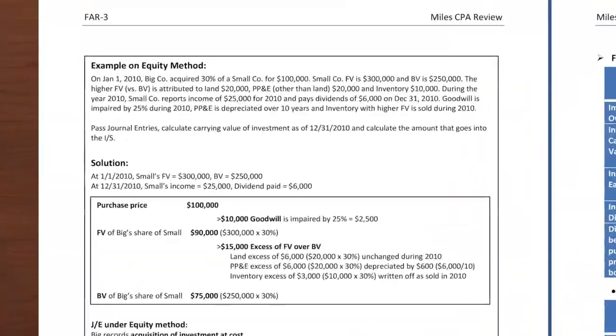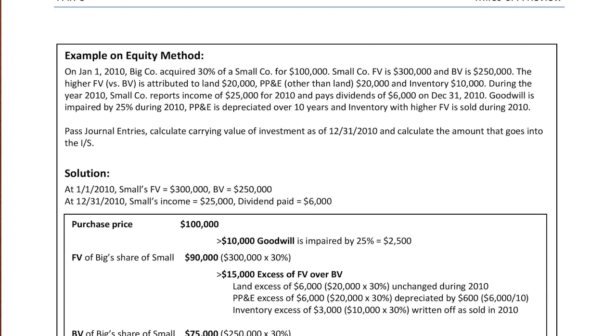On page 6, we have our example on the equity method. On Jan 1st, 2010, big company acquired 30% of small company for $100,000. Now, small company's fair value is $300,000 and book value is $250,000.